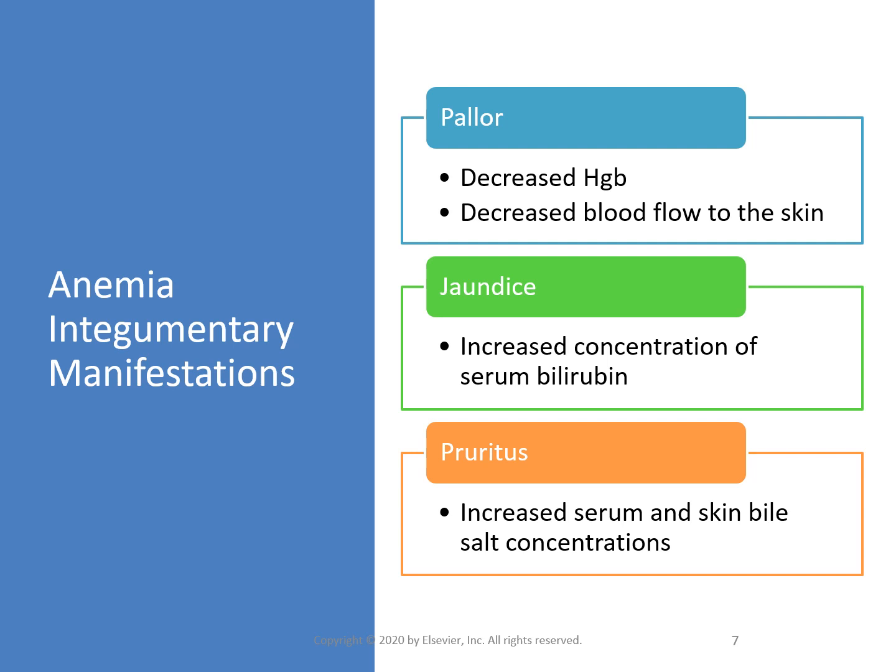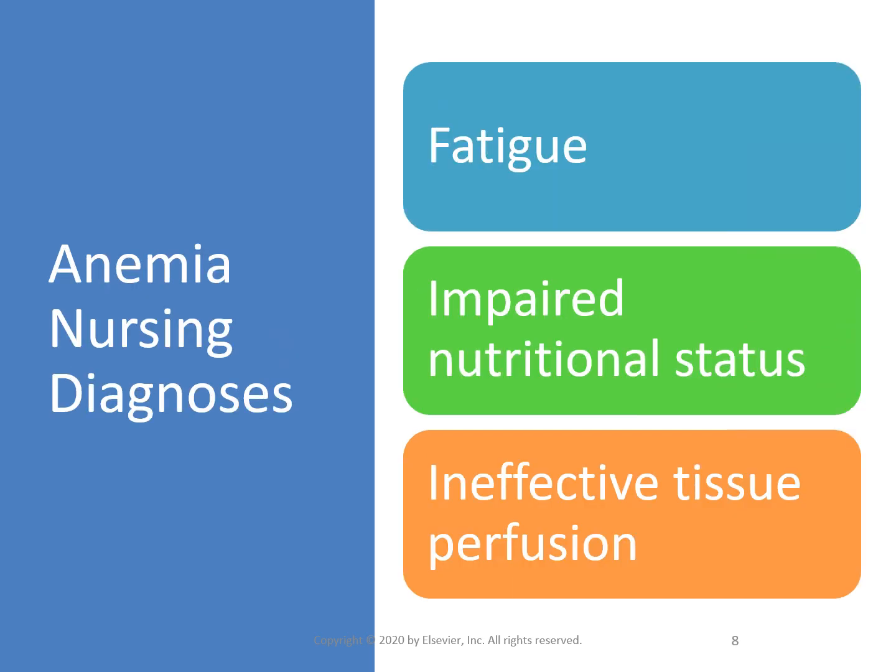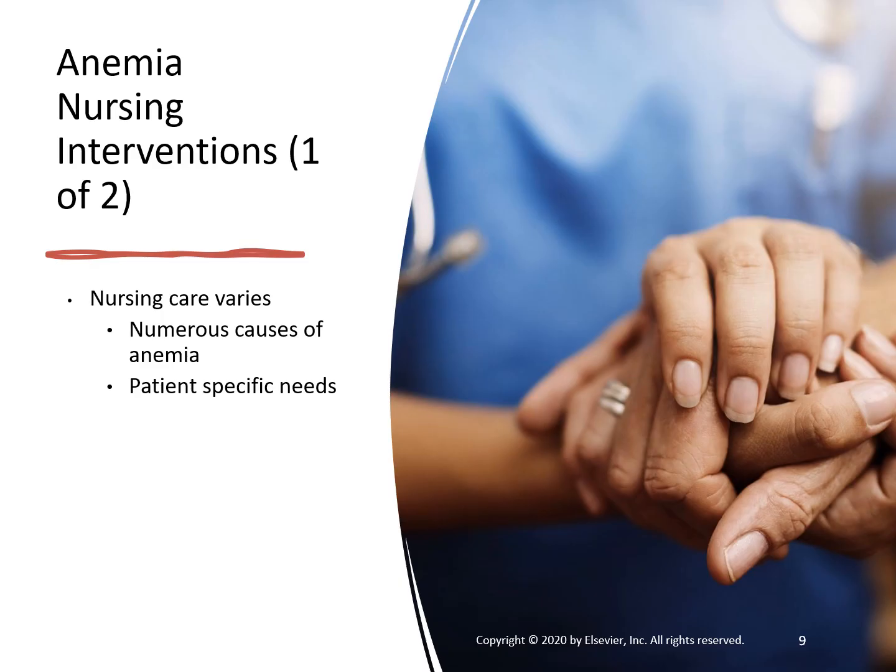And then itching or pruritus, increased serum and skin bile salt concentrations. So those are all signs and manifestations. Fatigue, as the hemoglobin and hematocrit drop, the patient gets very tired and fatigued. Impaired nutritional status, we'll see some of the anemias are caused by impaired nutrition. And then ineffective tissue perfusion, that's one of the nursing diagnoses, the NANDAs.